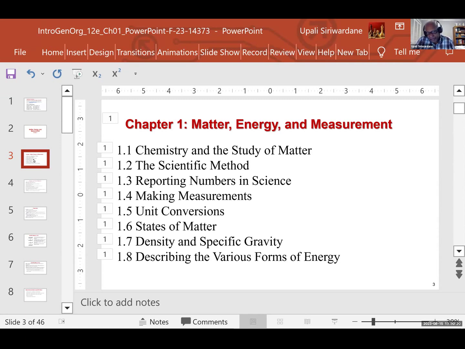Measurements are expressed with a number and a unit. When you measure something, it has a number and a unit: 10 pounds, 15 pounds, 3 kilograms, 4 kilograms, 32 Celsius, or 32 Fahrenheit. These all have units.